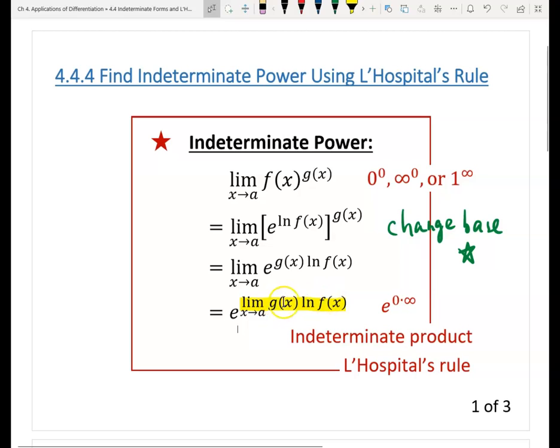The other term, g(x), approaches infinity, so it is still 0 times infinity. Hope this makes sense. No matter which type, if we follow this strategy, we can always go to the indeterminate product, which means we can solve the question. Now, let's practice this strategy.